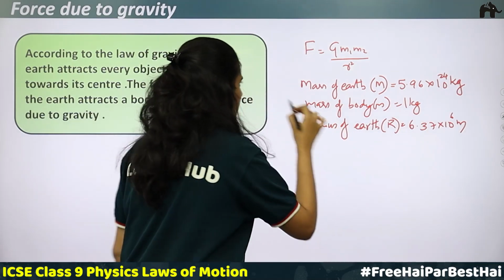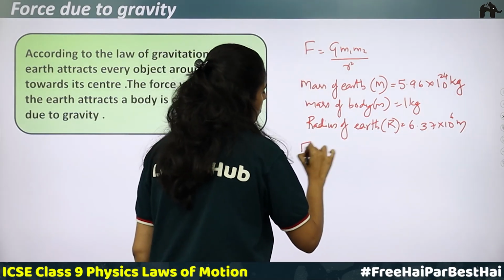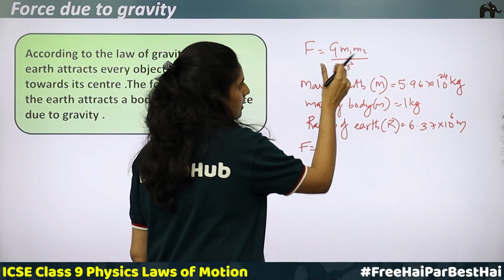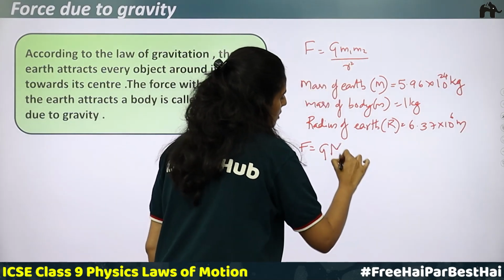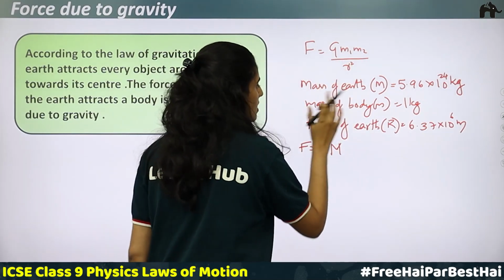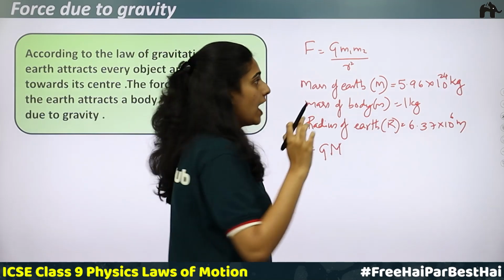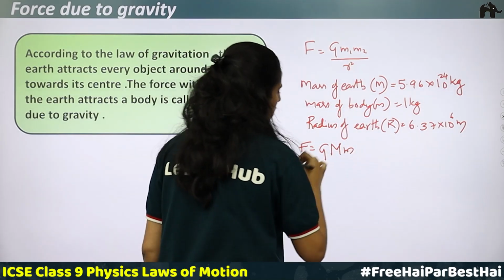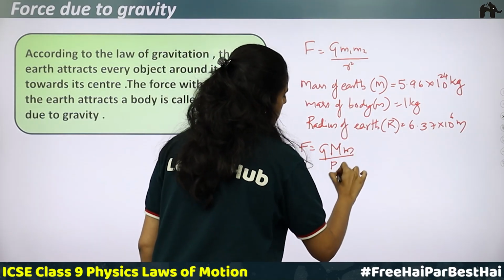Okay, now we can find the force. We have force F will be equal to G, the first body M1 is of mass capital M, which is the mass of earth. Okay, and M2 is the mass of the body small m, R square.